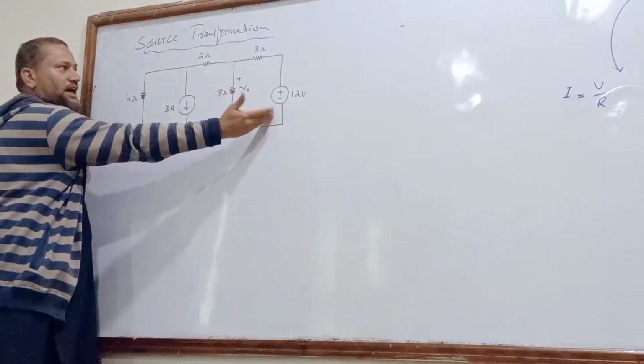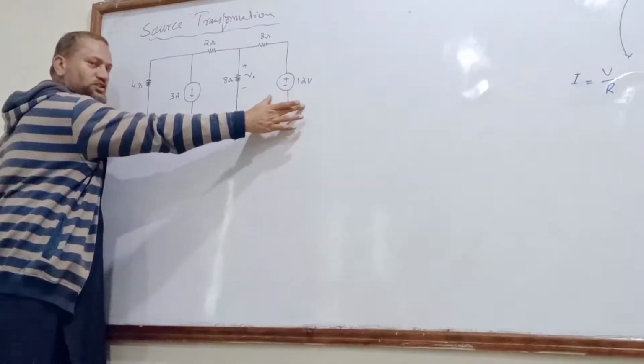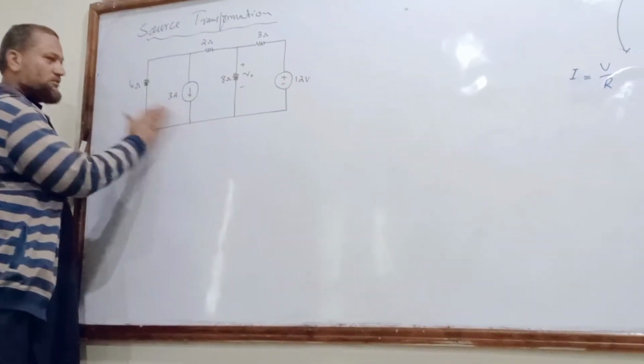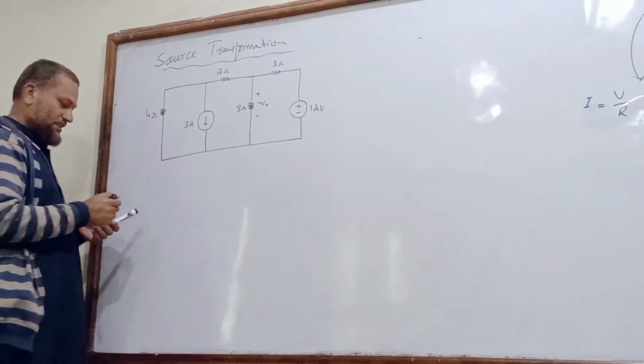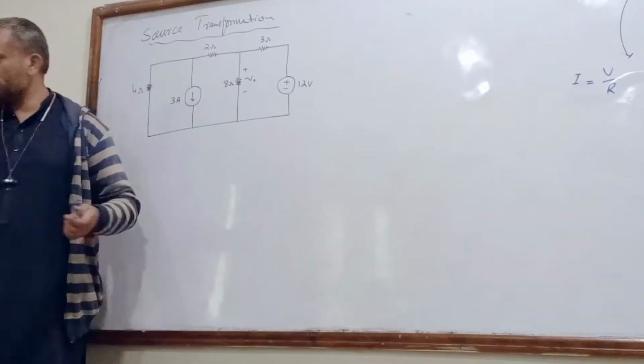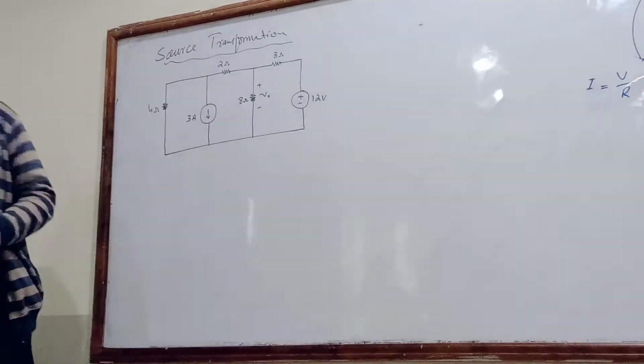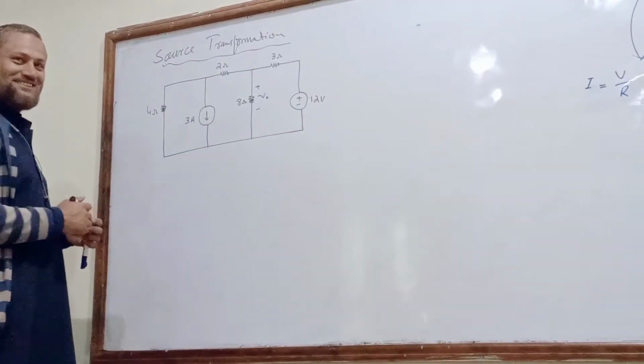If you convert this voltage source into current source, no problem. But look at it, the source is such a loop. Current source.